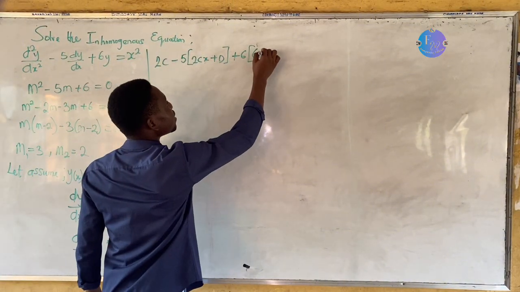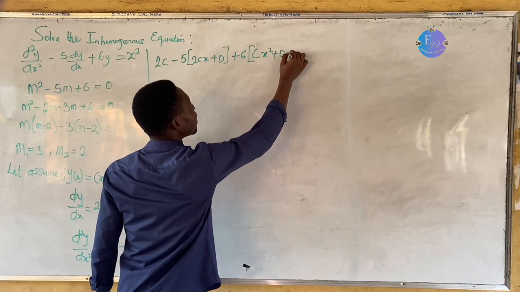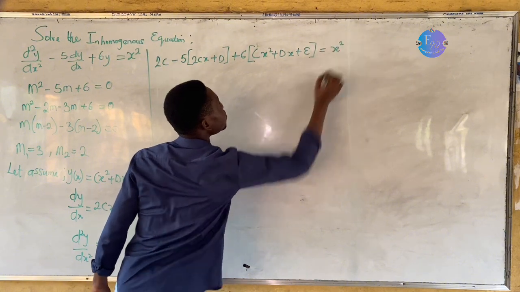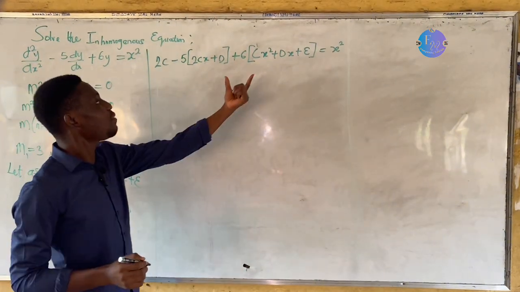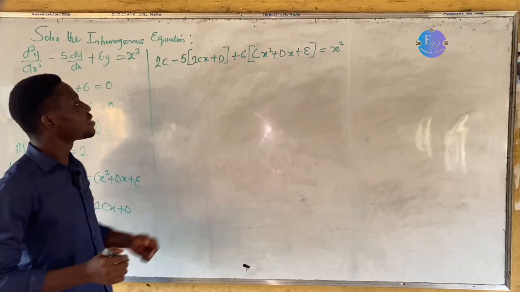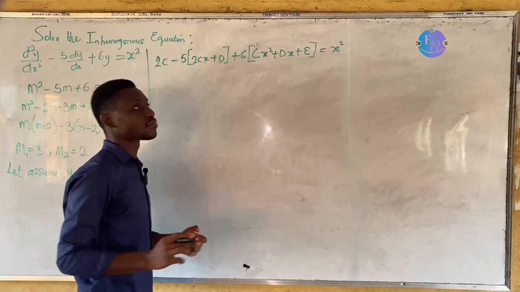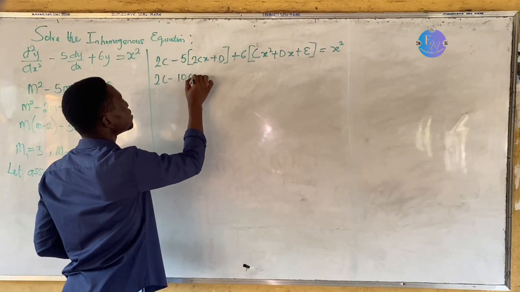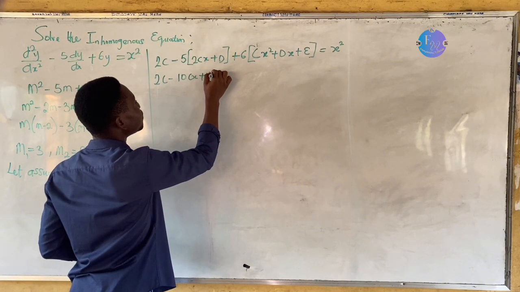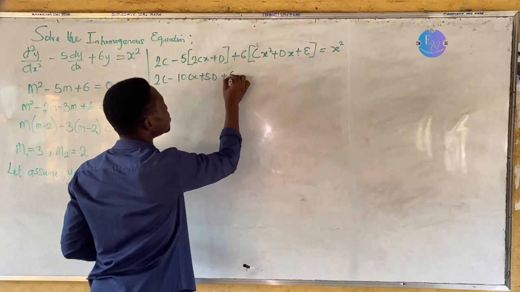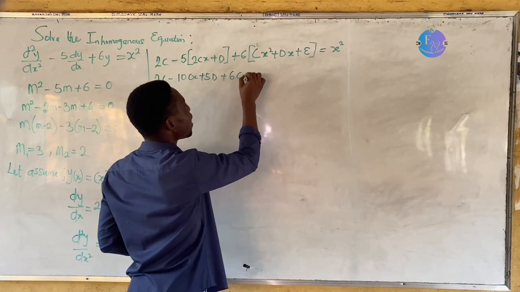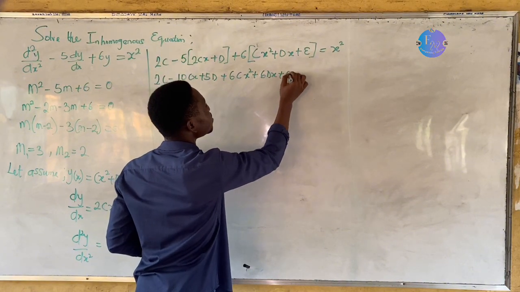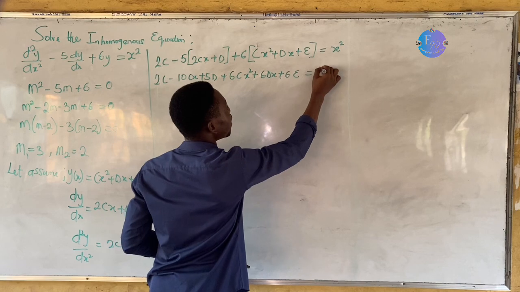So we have cx squared plus dx plus e, all equal to x squared. So now we have this already. The next thing to do is to open the bracket. Now we have 2c minus 10cx plus 5d plus 6cx squared plus 6dx plus 6e, all equal to x squared.